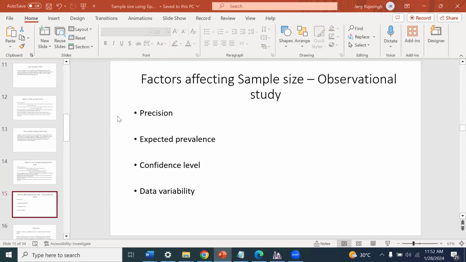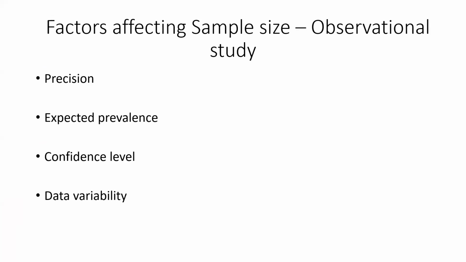So in this session we will try to calculate the sample size for two different studies. One is observational study, another is interventional study. Observational study means there will not be any intervention involved, like cross-sectional and case-control study. Most observational studies try to calculate the prevalence of the disease.